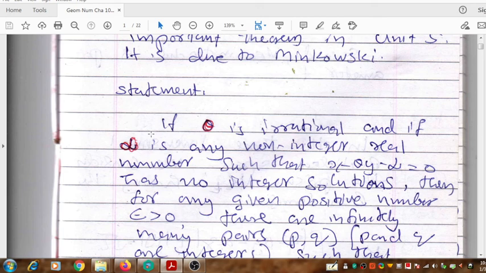It has no integer solution means x and y have no integer values satisfying the given equation x minus theta y minus alpha equal to 0.